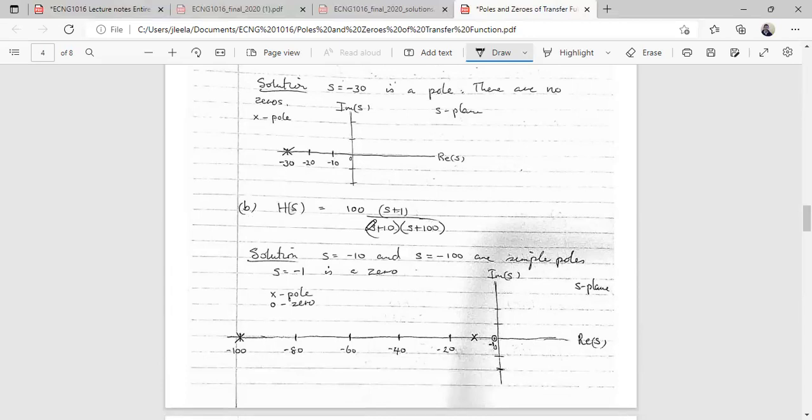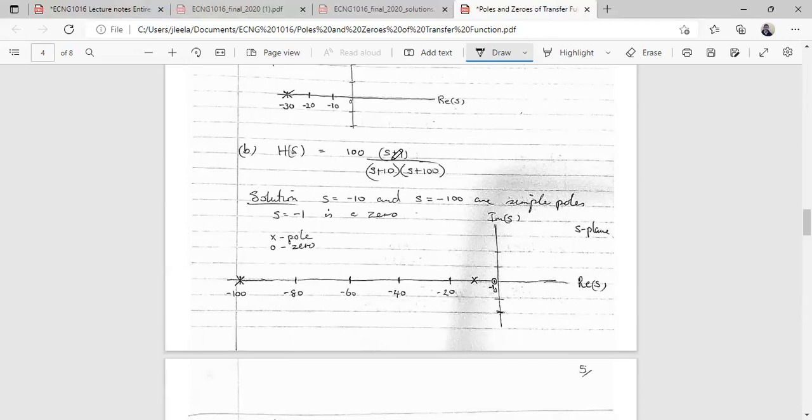Next one, 100 into s plus 1 over s plus 10 into s plus 100. So you have a zero here at s equals minus 1. You have a pole at s equals minus 10 and s equals minus 100. Two simple poles, right? So X represents your pole, O represents your zero. You have your s-plane, imaginary axis, real axis.